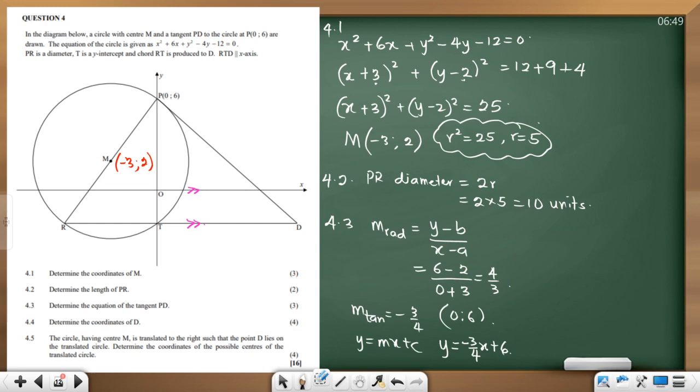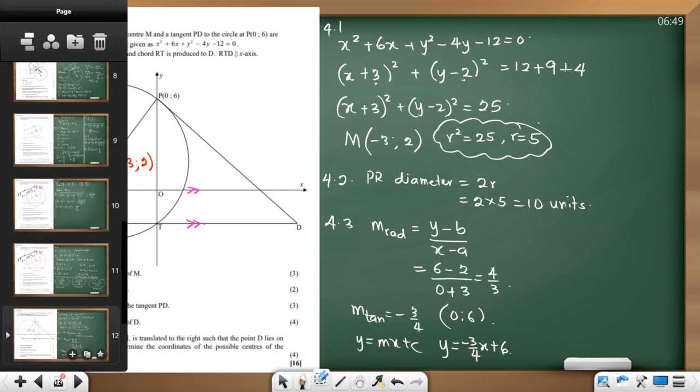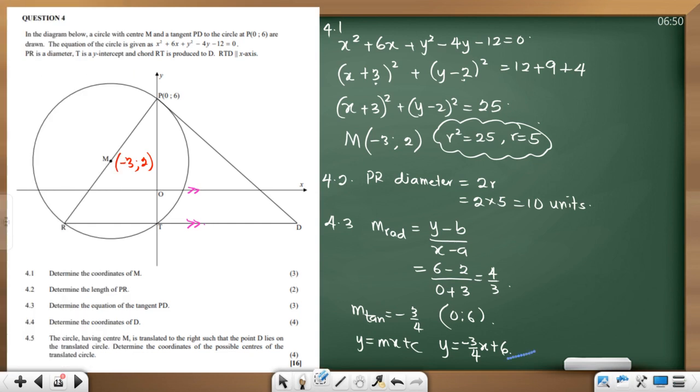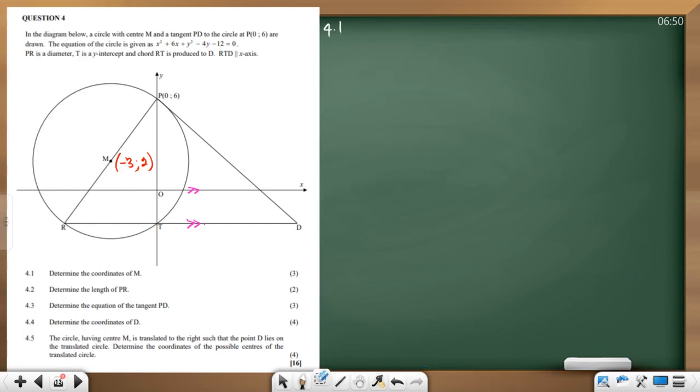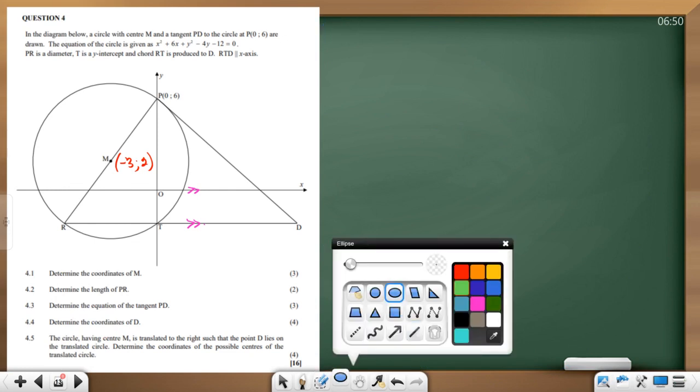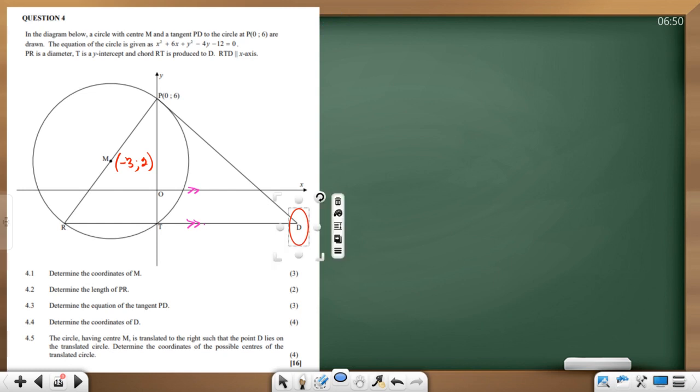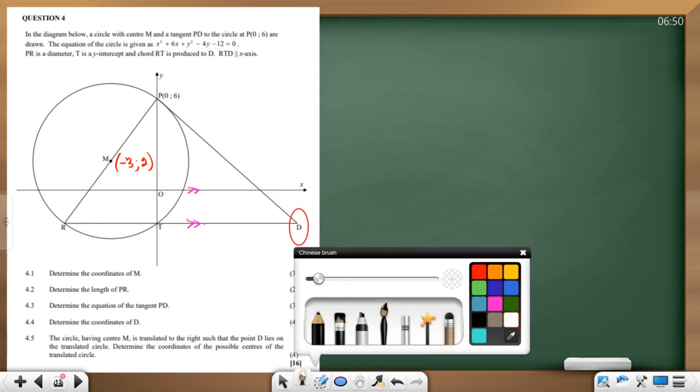Okay. All right. What are we looking for now? We're looking for the coordinate of D for point 4. What can you tell me about point D? D is actually a point of intersection. D is a point of intersection between which lines?